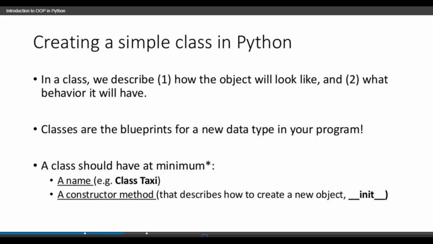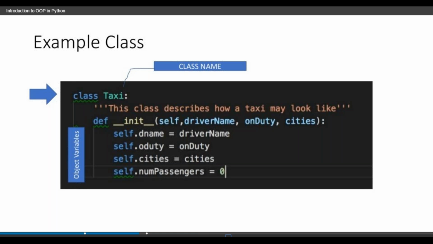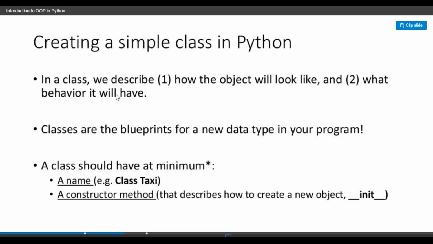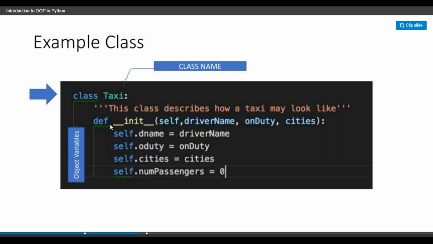So that is called the constructor method, which describes how to create a new object. Next, see the example class. Here, class taxi. Here the name of the class is taxi. Just before, I told you the name of the class is taxi. Then the definition init. Init in the sense of initialization.